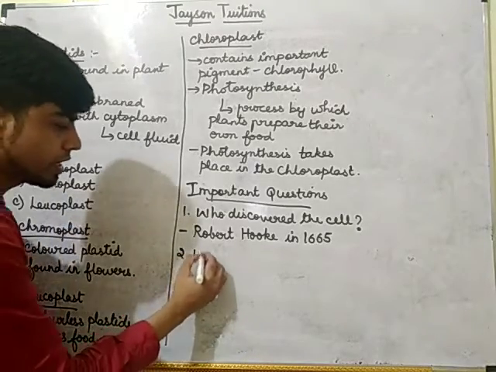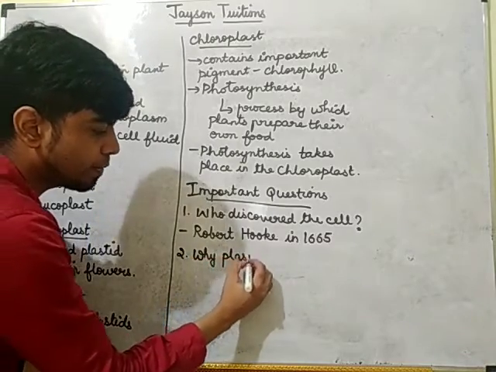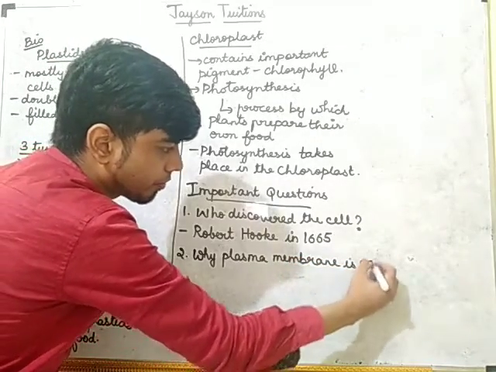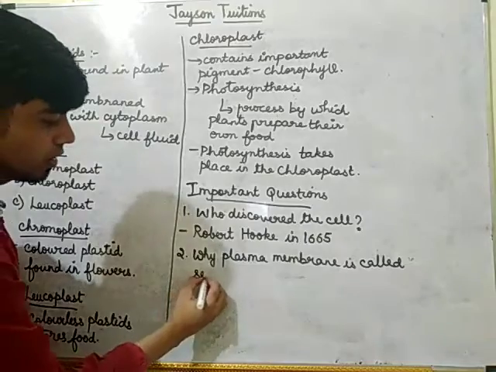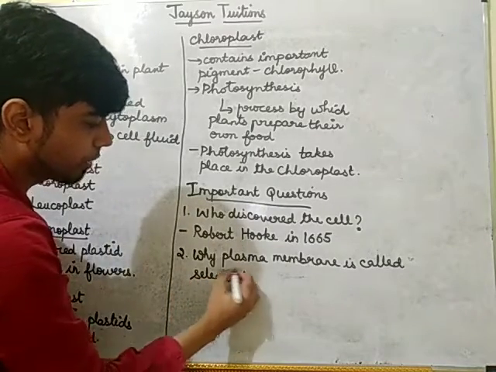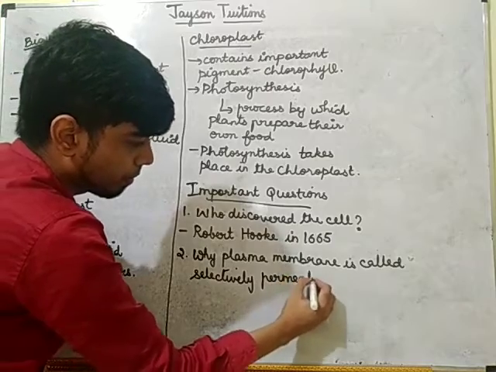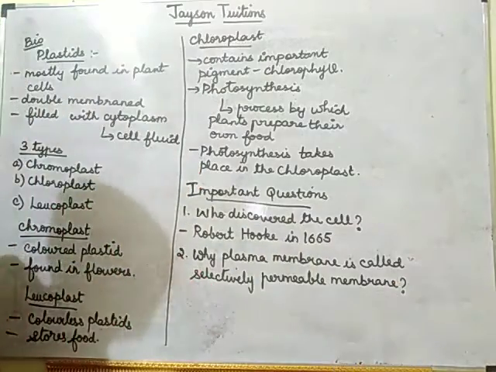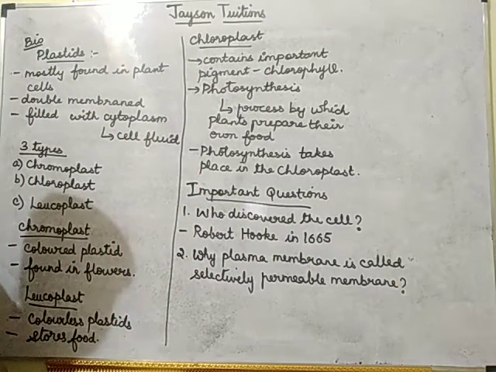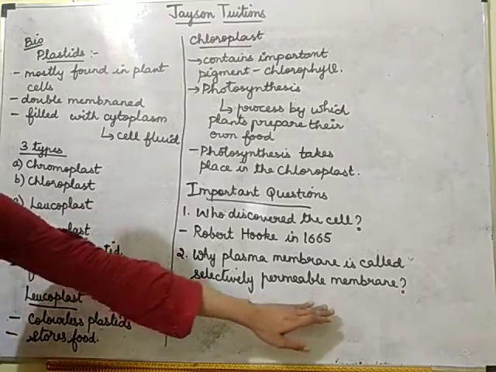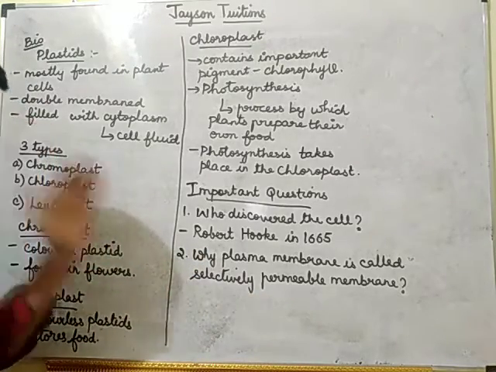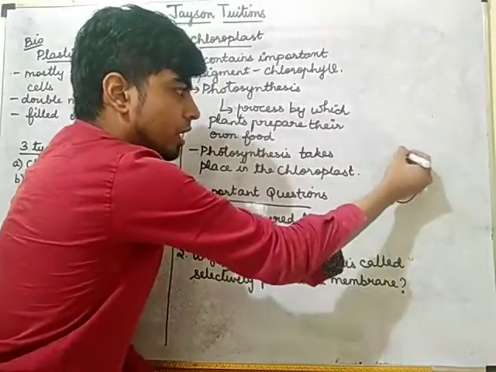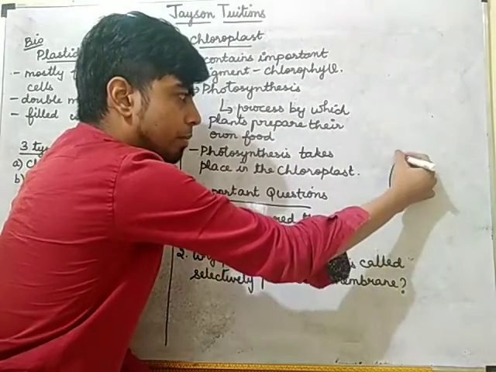Next important question: why is the plasma membrane called a selectively permeable membrane? Selectively permeable means, I told you the cell is covered with the cell wall and plasma membrane.